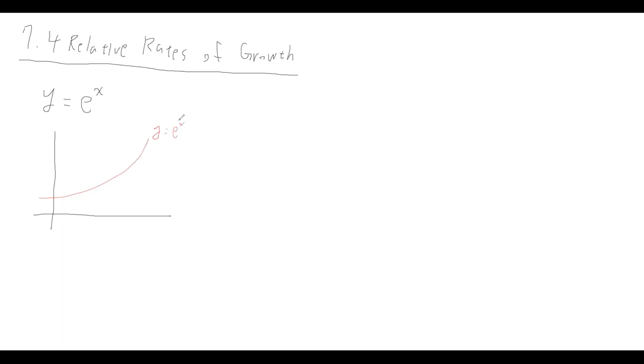Okay, now I'm gonna mark 1 here. So we know that y equals e to the x is an increasing equation, right? It keeps going up, and then we know that y goes to infinity as x approaches infinity.